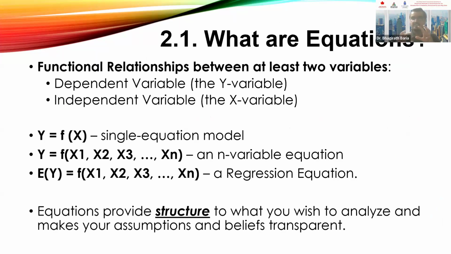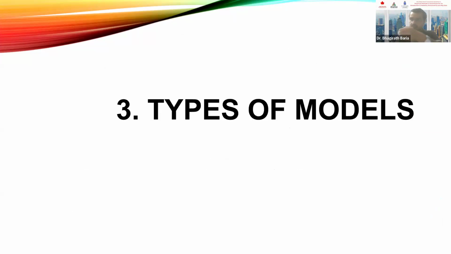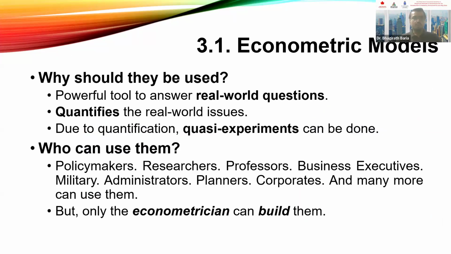We can run different scenarios, see how different combinations of x will affect y, and then take a call. How should we change the x variables so that we get the y variable that we are looking for? Econometric models are a very powerful way to answer real-world questions. Shortly I will show you what those questions are. They put numbers on those questions and their answers.